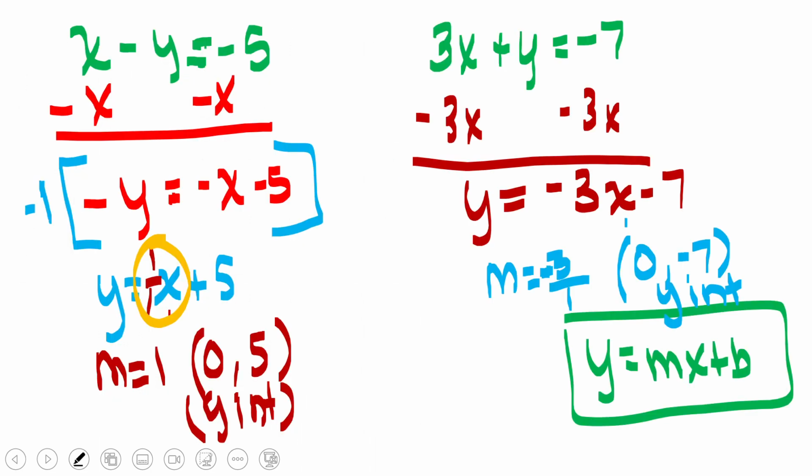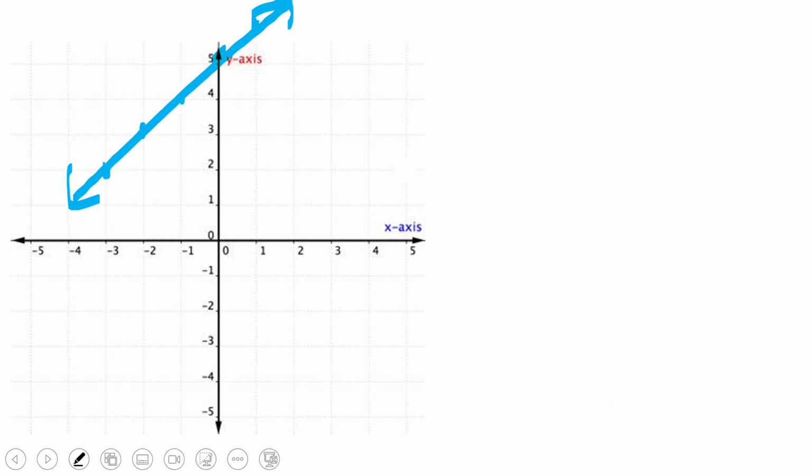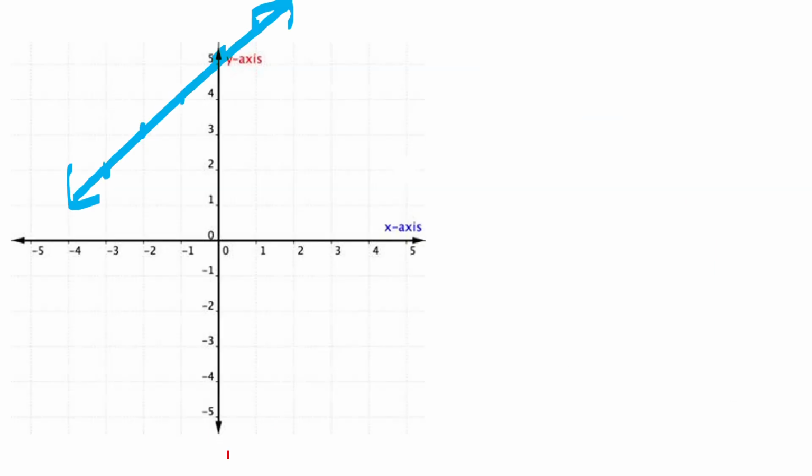All right, in our next one, we have 0, negative 7. It's a little bigger than my chart, but that's okay. I'm just going to do this one in red. So down here, I am going to plug in a point at my 0, negative 7.